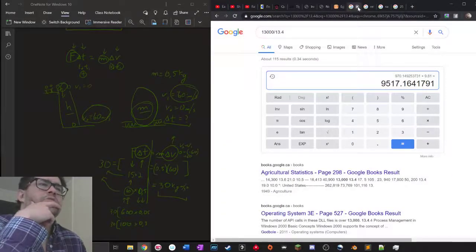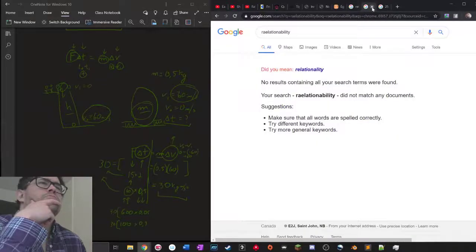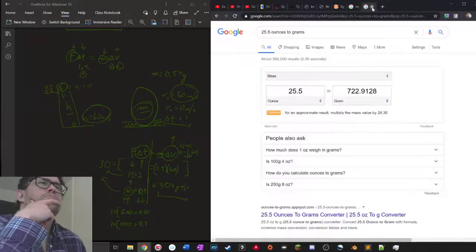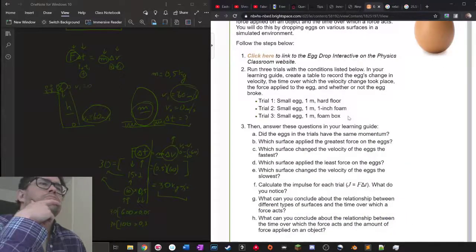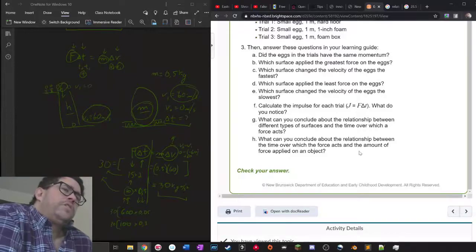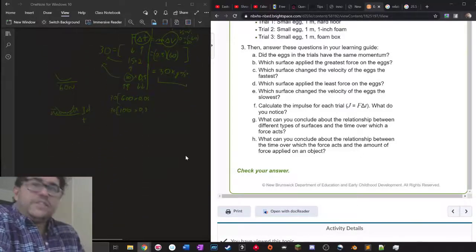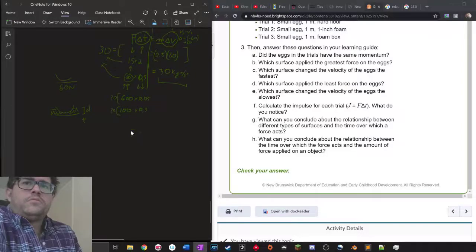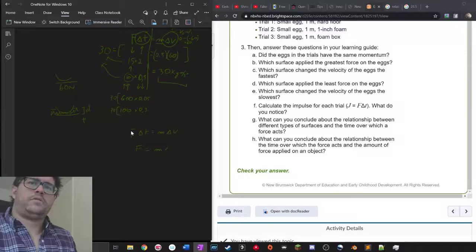Things you can't change. Send them an email and they can have you calculate some information. So basically the formula we saw was F equals m times delta V over delta T, the difference in velocity over the difference in time.